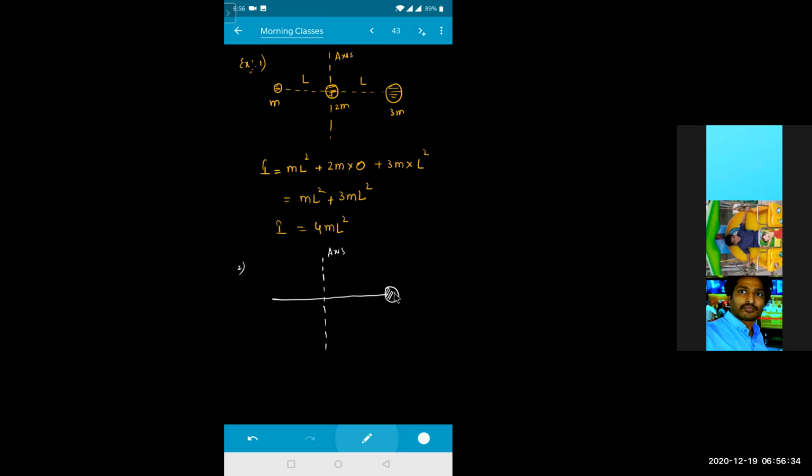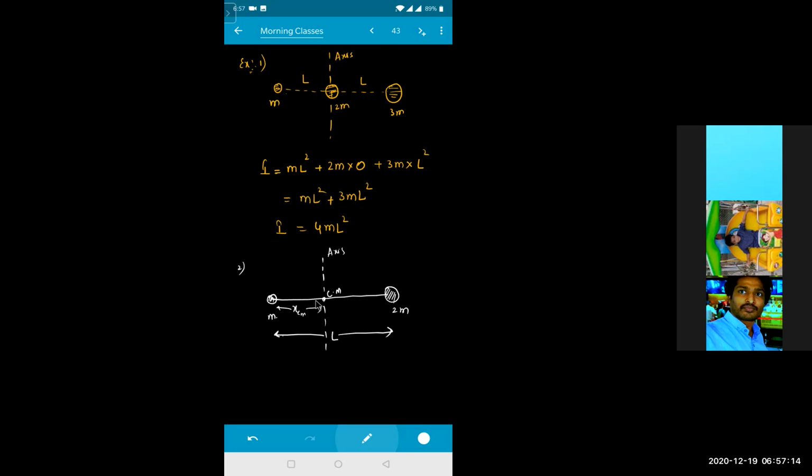This one is of mass 2m, and this one is of mass m, and this one is the center of mass xcm. The distance between them is capital L, the total distance from here to here. So two particles of masses m and 2m are separated by a distance L. Find the moment of inertia about an axis passing through the center of mass and perpendicular to the line joining the two masses.